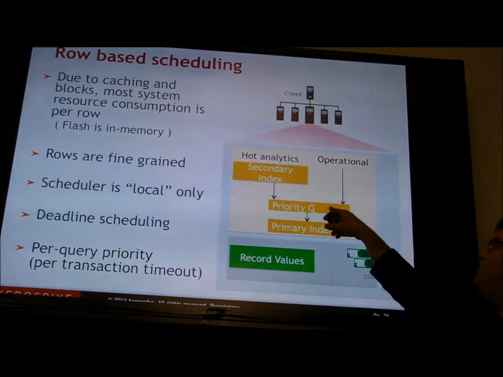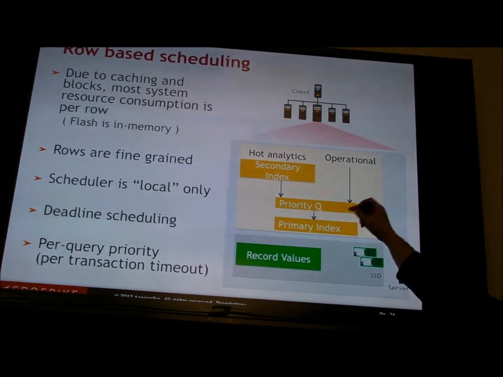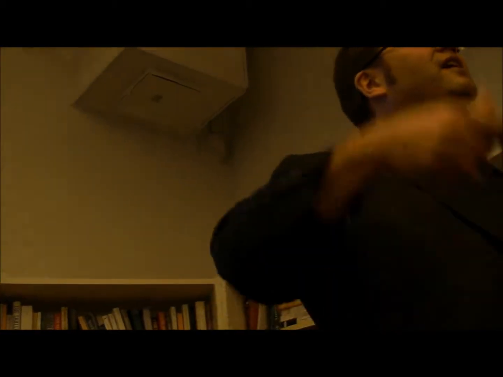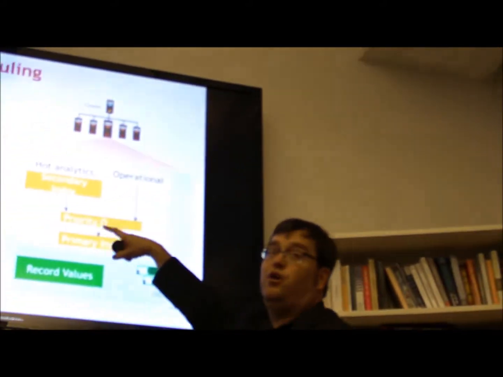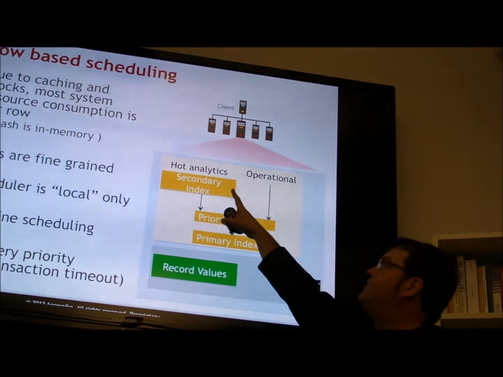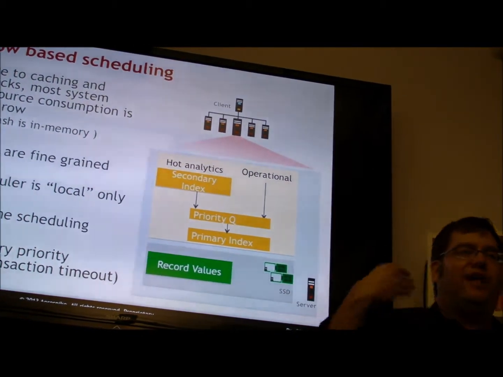This allows you to do deadline scheduling of your operational queues. If you've got 10 milliseconds to make a database request and it's been 20, you kill it right there before it actually impacts the rest of the system. This part of the system has the most load. Similarly, you can stream these index hits into this subsystem and allow that to trickle through according to whatever prioritization scheme you'd like to have.